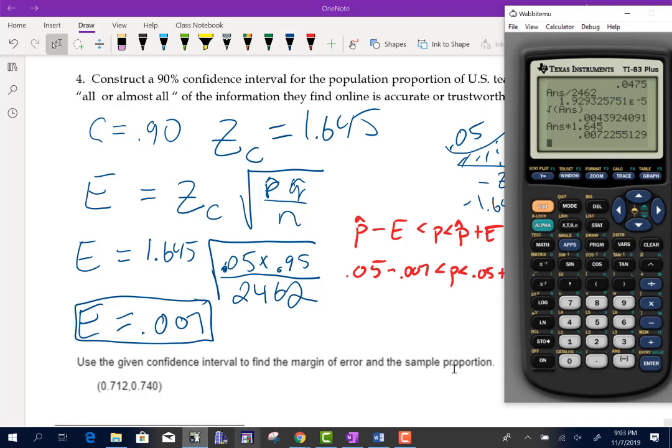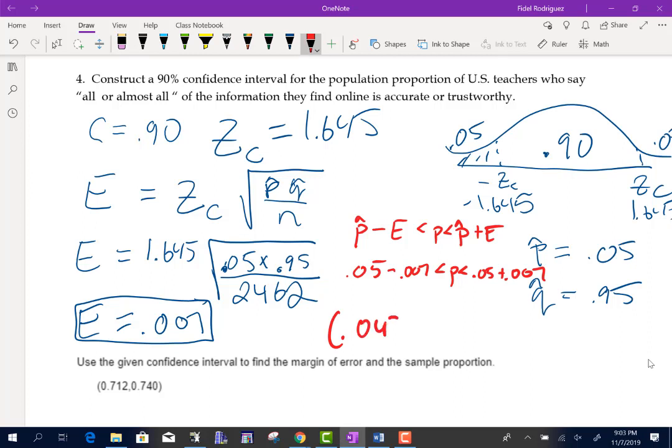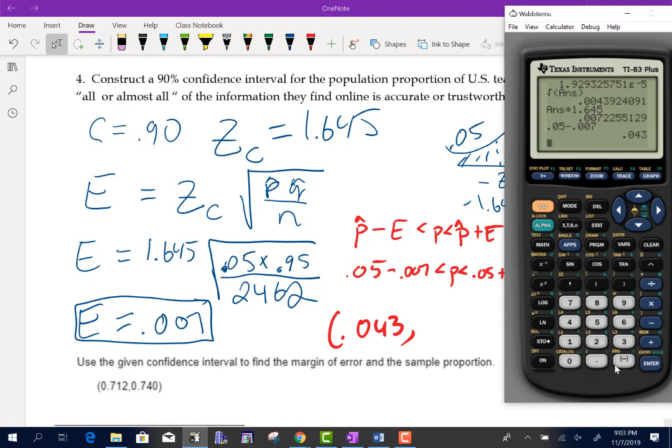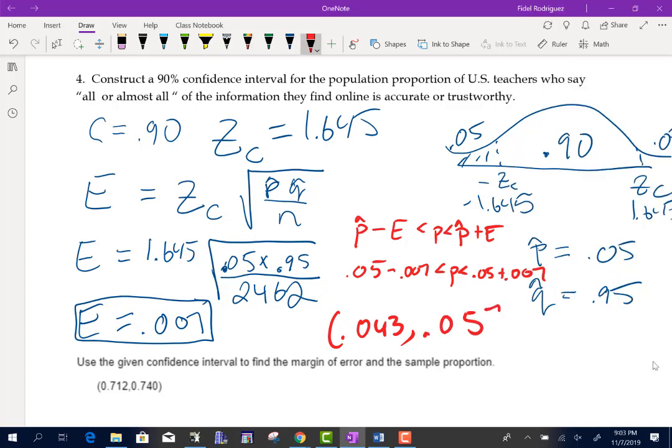So let me take my calculator. 0.05 minus 0.007: 0.043. Okay. So I'm going to go like this, 0.043. And then, isn't the other one going to be 0.057? 0.057.